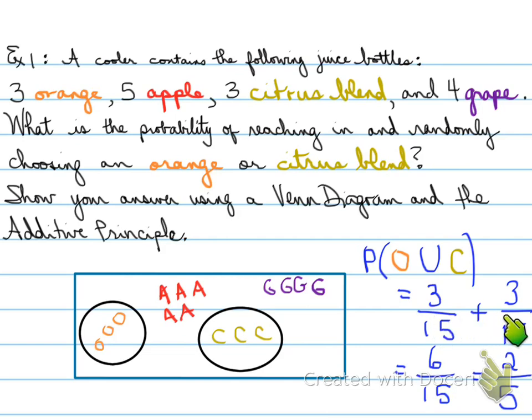Now you could have simplified this first and then got 2 out of 5, or you could add them first and then simplify. Ultimately, your final answer will be 2/5. The probability of getting orange or citrus is 2/5, or if you want to convert it to a percentage, it would be 40%, or 0.4 chance of getting orange or citrus.